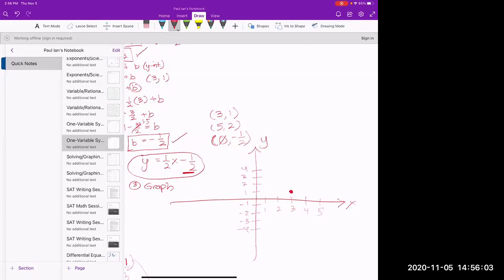And the next one, 5x and 2y. And then the last one, 0x, negative 1/2 y. Now connect the dots.